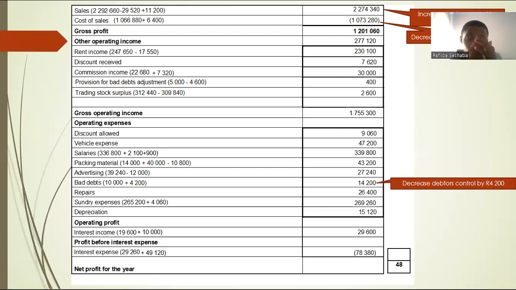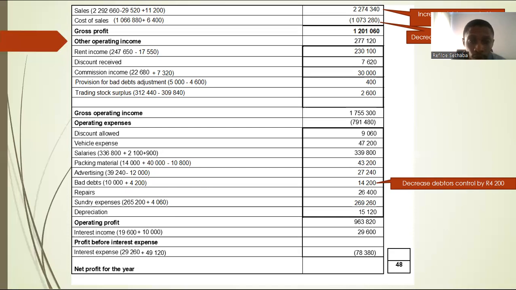Depreciation was given in the adjustments. You just put it there as it is. It will be 15,120. I put it before because it was given in the trial balance. When you add all of those, it will simply give me my total operating expenses. I put them in brackets, which is 791,480. And then I'm going to take 1,755,300 and minus 791,480. It'll give me my operating profit.